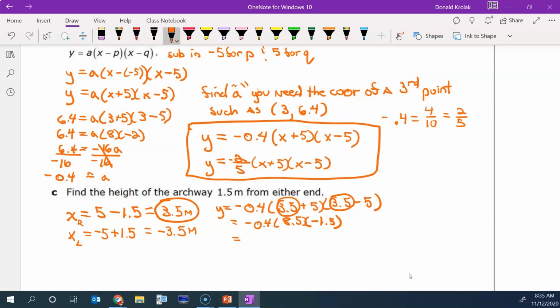Okay, and then we run that through our calculator. Negative 0.4 times 8.5 times negative 1.5, 5.1.